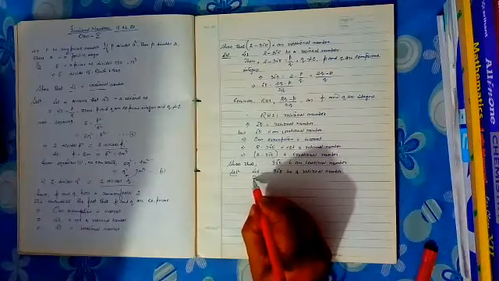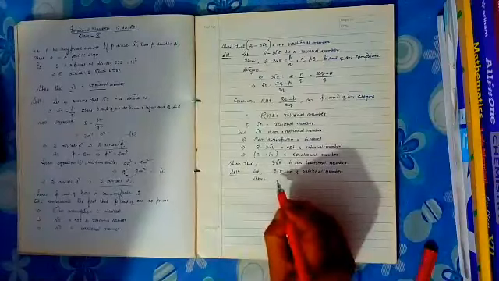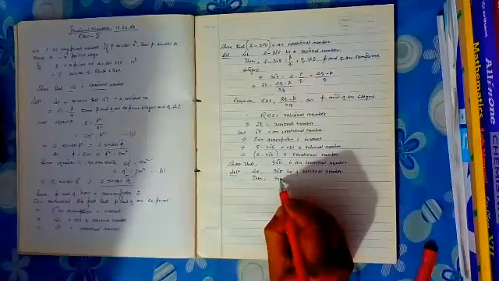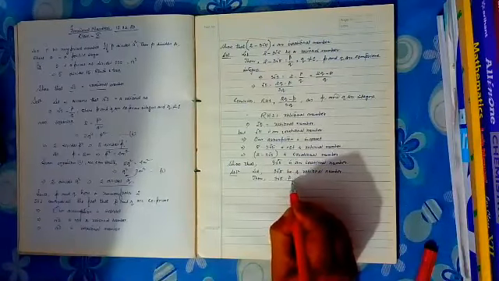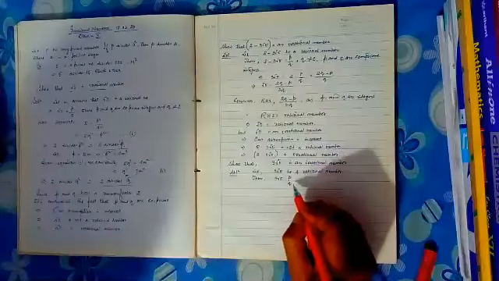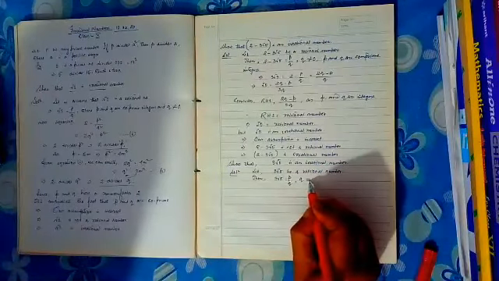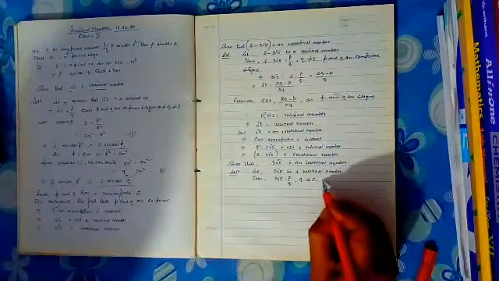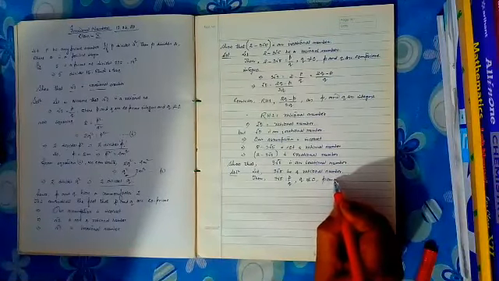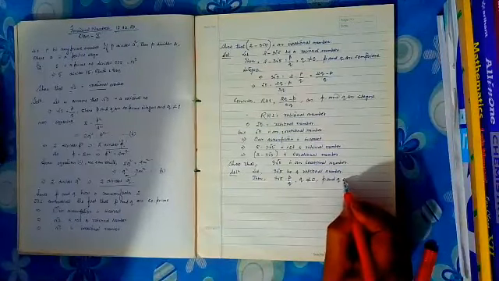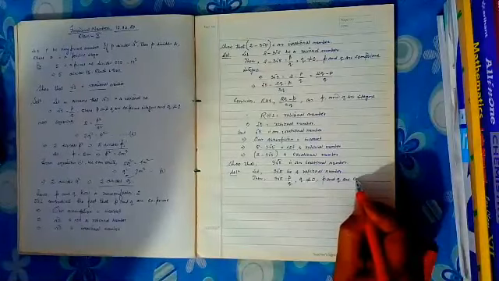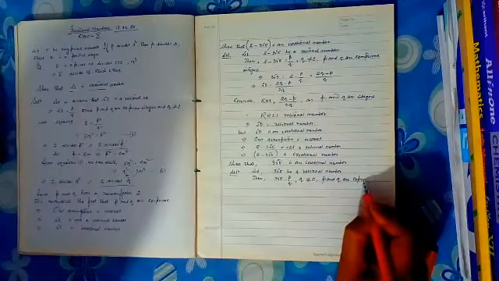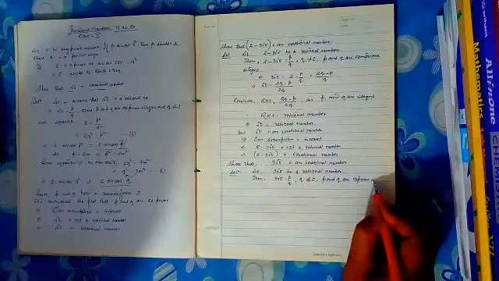So let us write 3 root 5 is equal to p by q, q not equal to 0. p and q are co-prime integers.